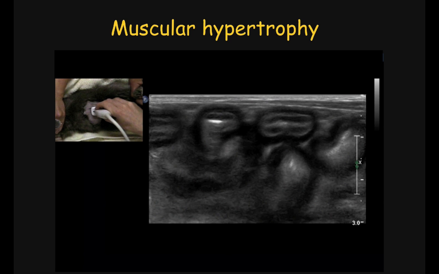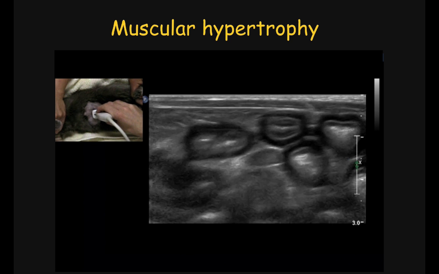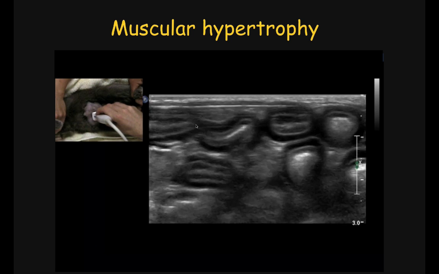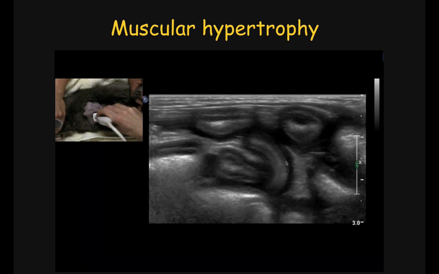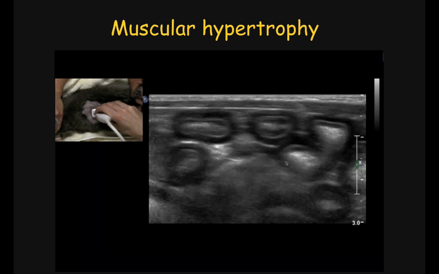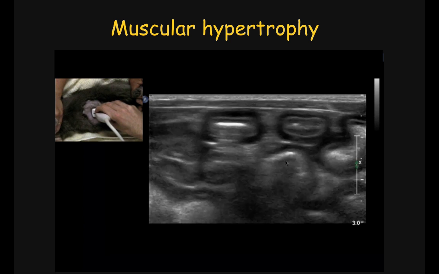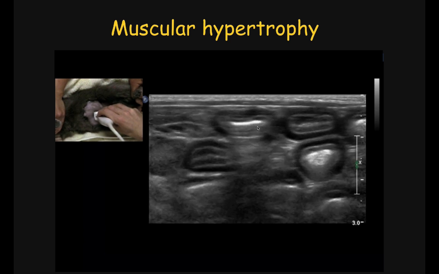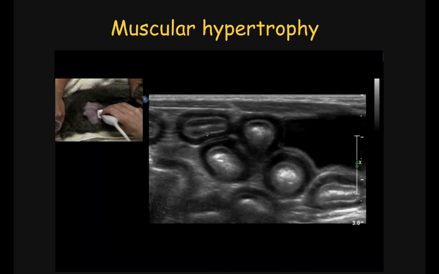Here is an example in real time in this cat. You can see on the left the insert of the animal as we are going to scan it. And you see several bowel segments. This change in the bowel is diffuse in this cat. And as we go along, we have first to determine where is the lumen.